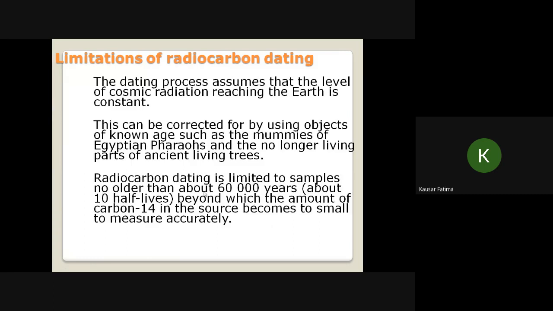Carbon dating can be used for dead organisms whose lives were within about 60,000 years. More than that, carbon-14 will not give an exact reading. That means we have to use some other material whose half-life is longer than 5,600 years. Because in 60,000 years, how many half-lives of carbon-14 are there? 10 half-lives.